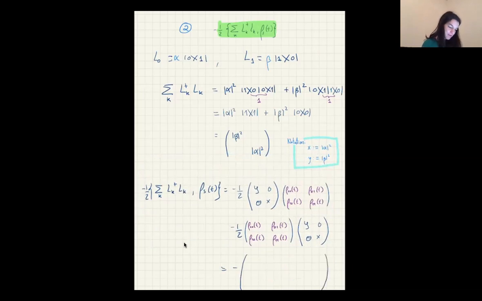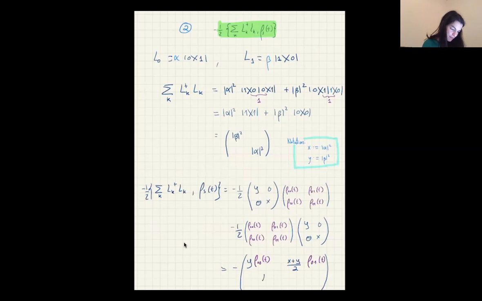So it's going to be y rho 0,0 of t. And now here, x plus y over 2 rho 0,1 of t.